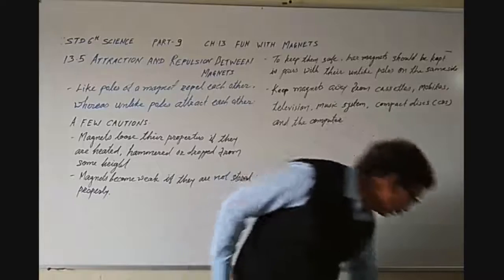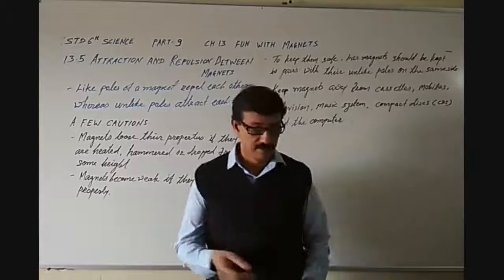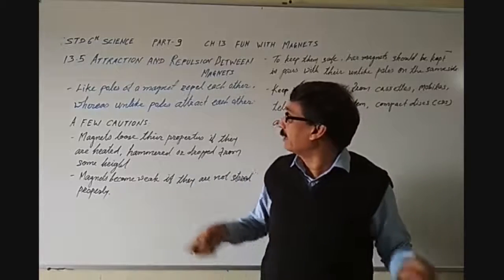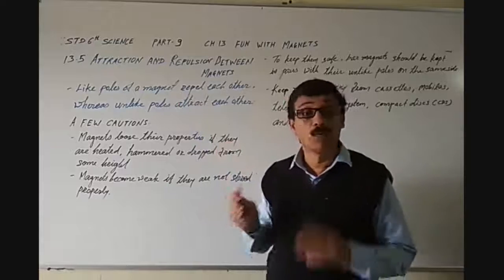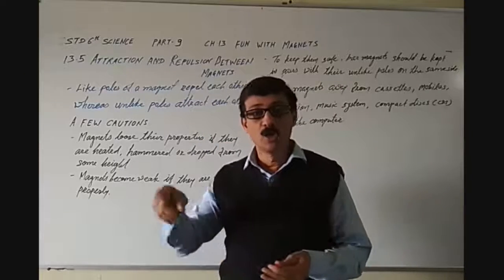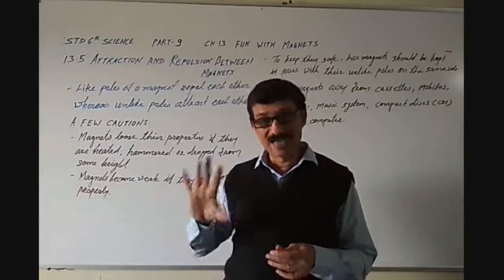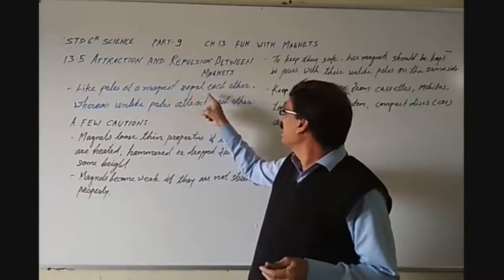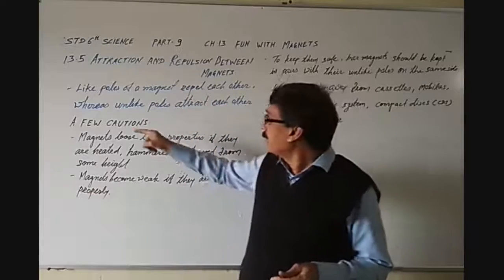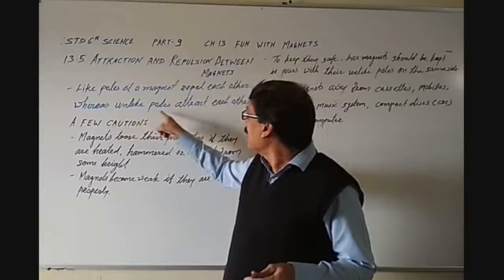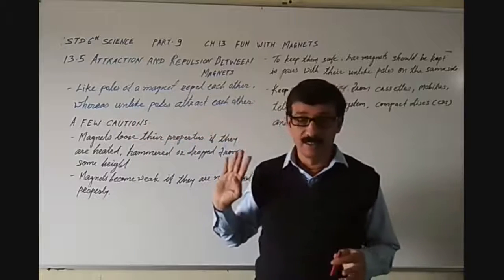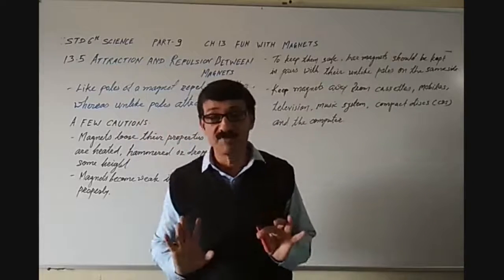So the main thing we come to know is about like poles of a magnet. What are like poles? North-north, south-south. Like poles of a magnet repel each other, whereas unlike poles attract each other. That we come to know through this activity.